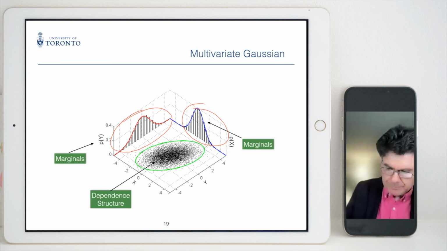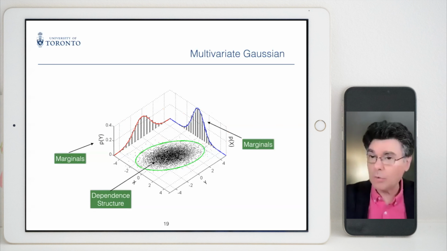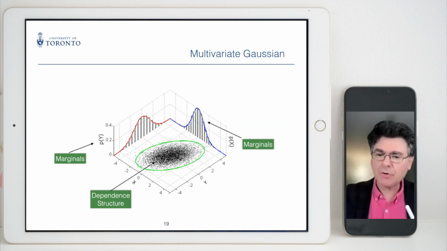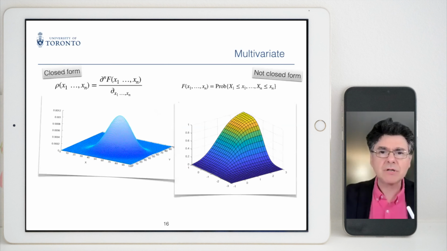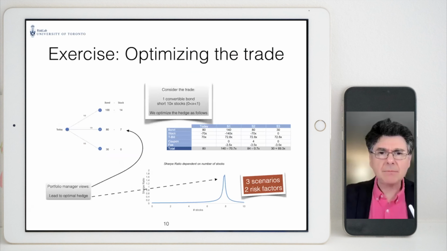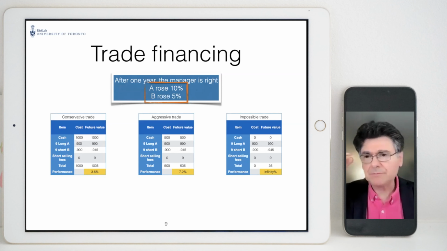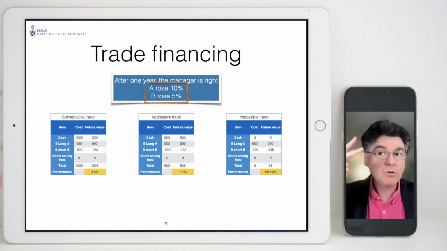For example, I'm going to go back to the examples that we did. I want you to identify the marginal and the dependent structure in the examples we have already seen today. So I'm going to go to this example here. What are the marginal distributions in this example here? I have 2 risk factors.